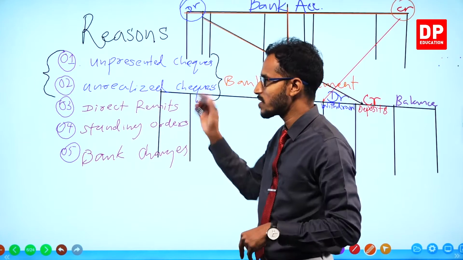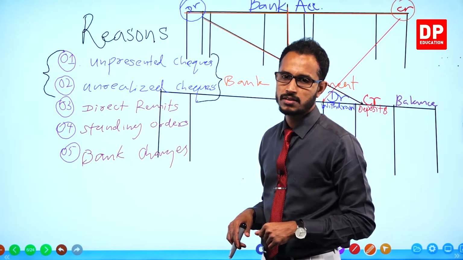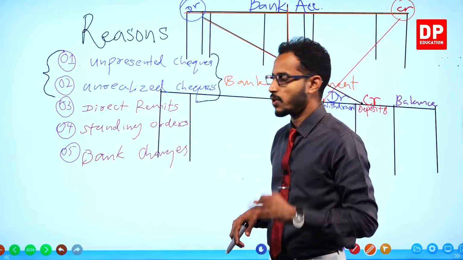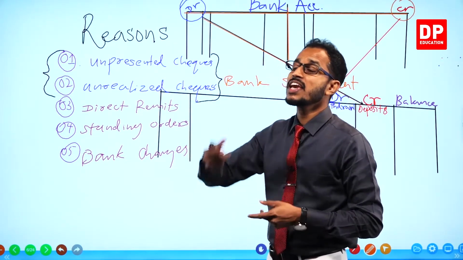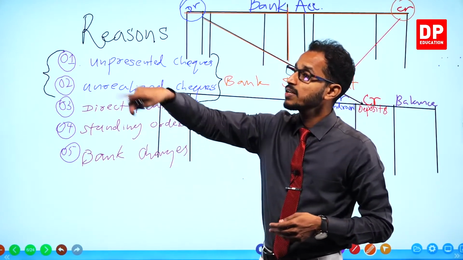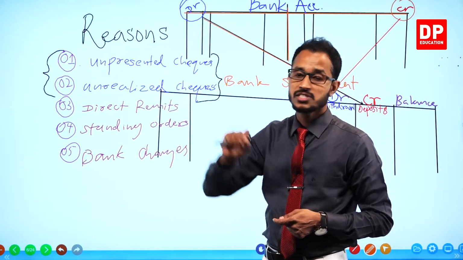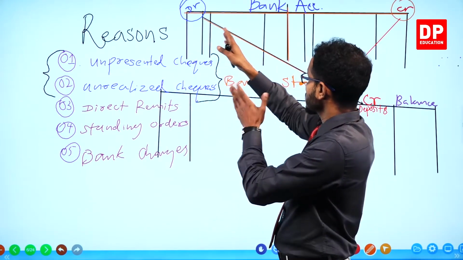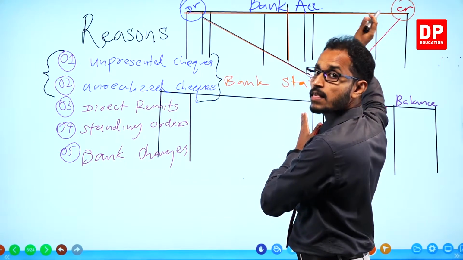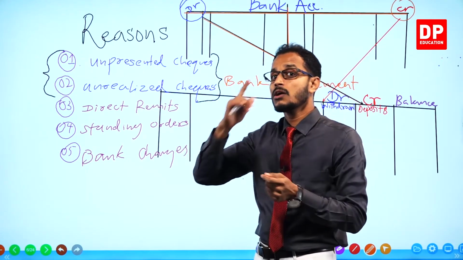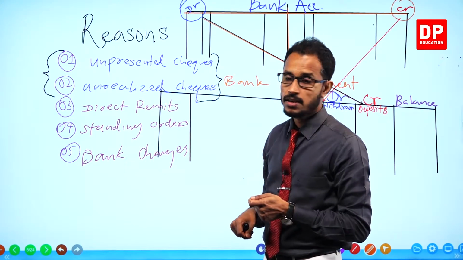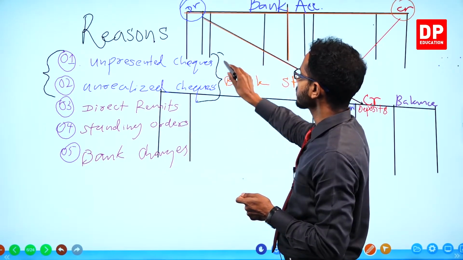Okay, I'll just do a very quick one, not in detail. Unpresented checks are the checks that we have issued to our customers, to our creditors and all, and they have not taken the checks to the bank to encash the checks. So those checks that we issued are in the credit side of bank account, but since the checks are not yet being presented to the bank, in the bank statement they are missing.